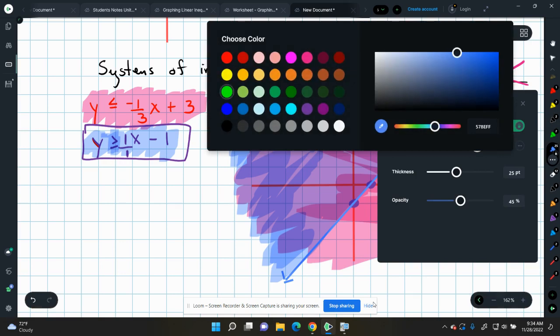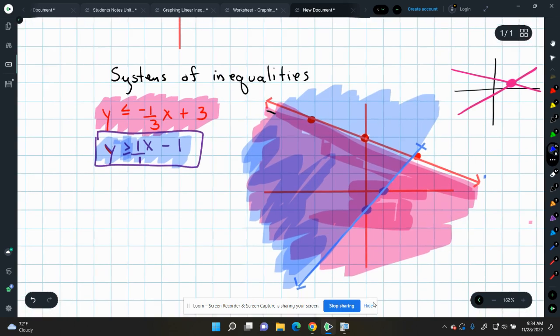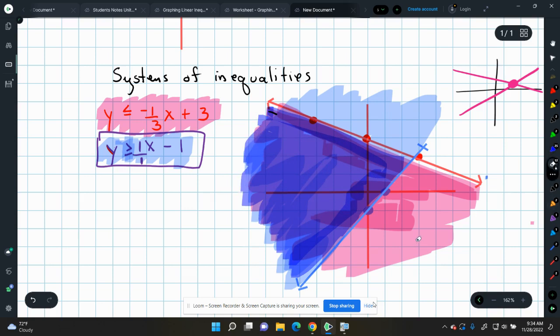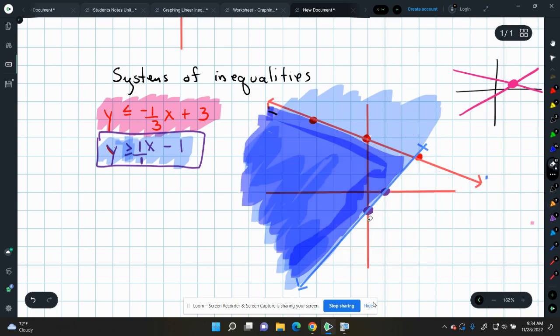Let me see if I can get another color here. Okay, so they intersect here. Okay, it's where they intersect. So where the two shaded regions overlap, in fact, I like to go back, if possible, and erase that other stuff.